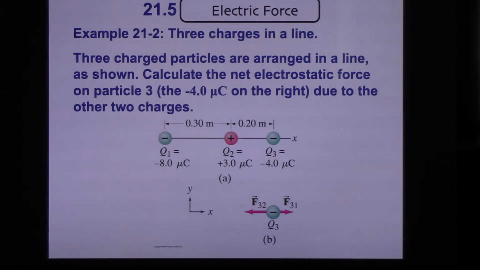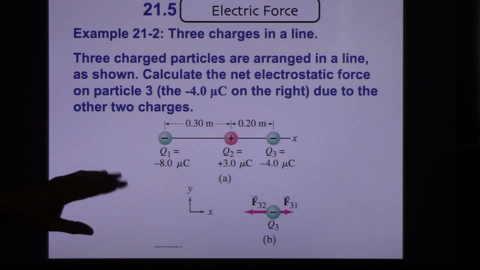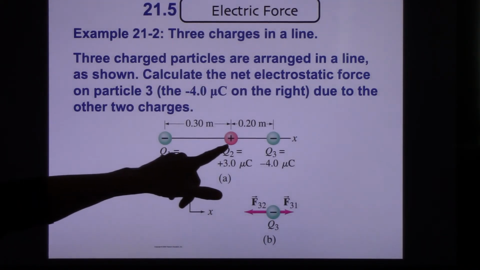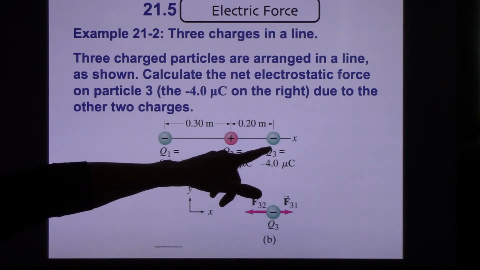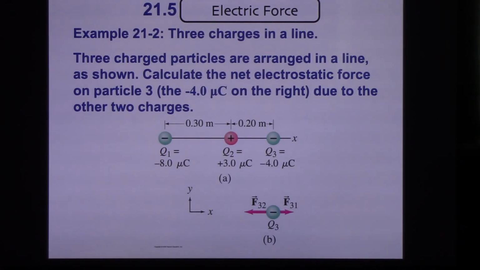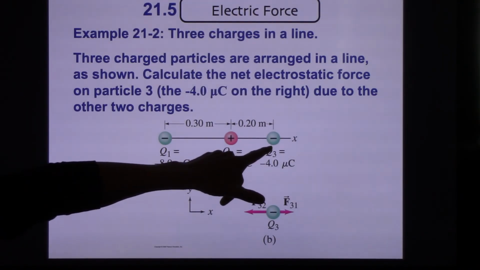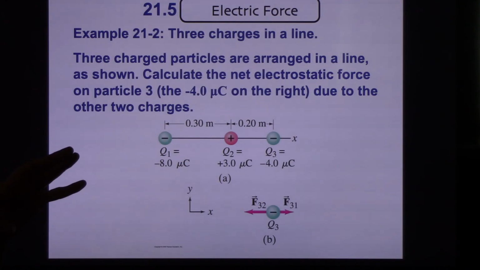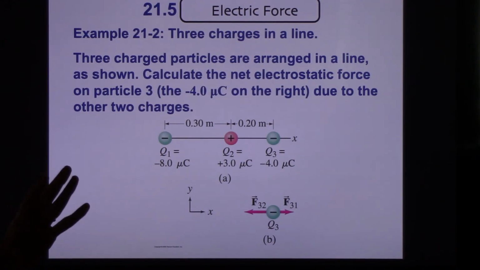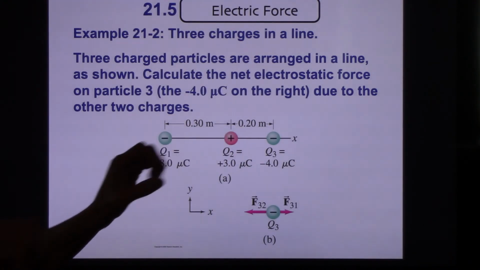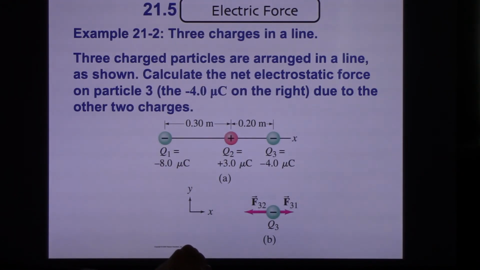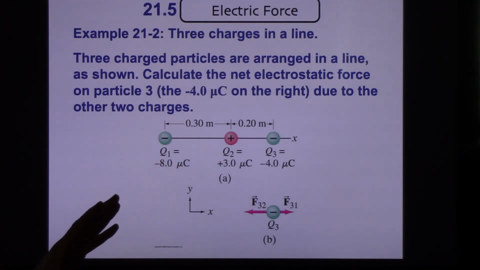What does that mean? Well, this raises a question. Are these three charged objects being held by other forces? Is this glued down to some location? Are these things being held in place? Because let's say they're being held in place to do these calculations, and then we let go. So we're holding these three charges in place while we calculate their forces, and then we're going to let go.